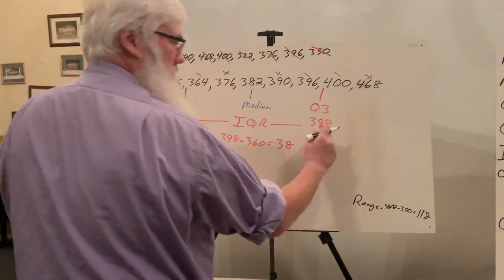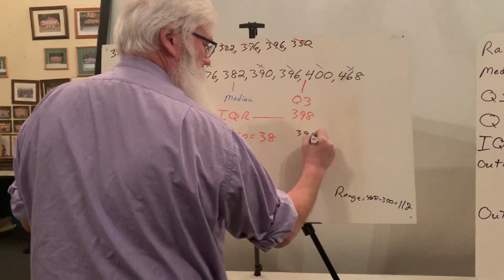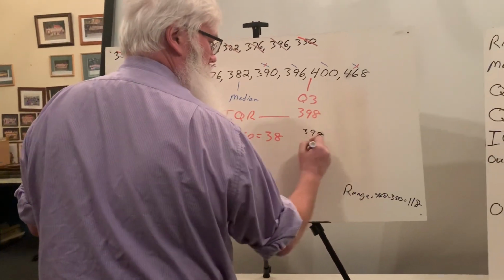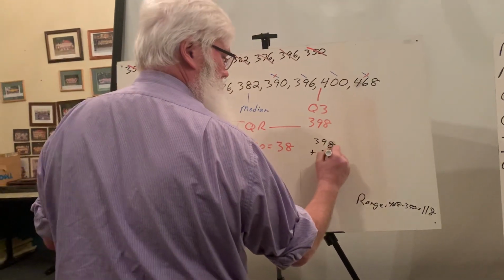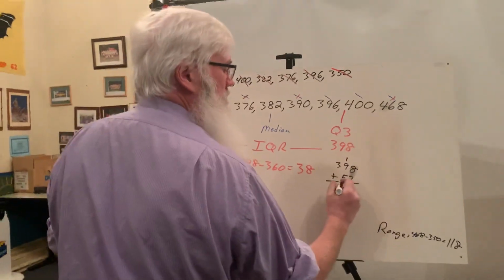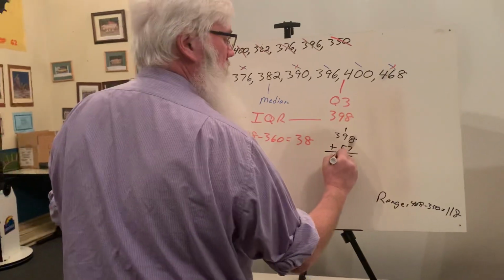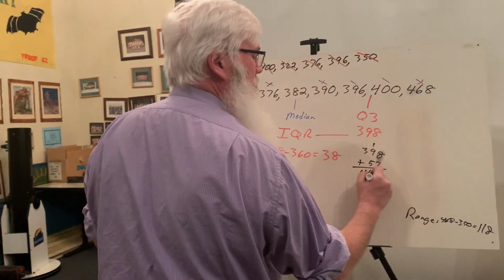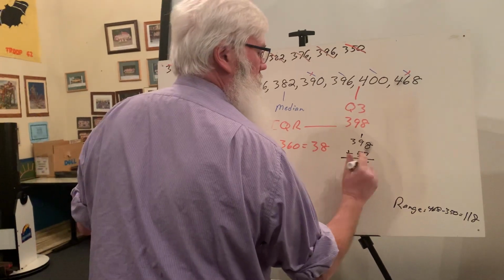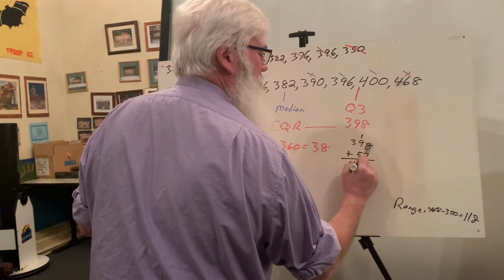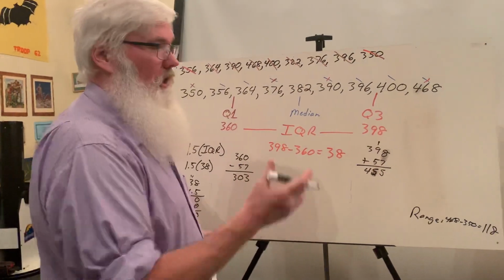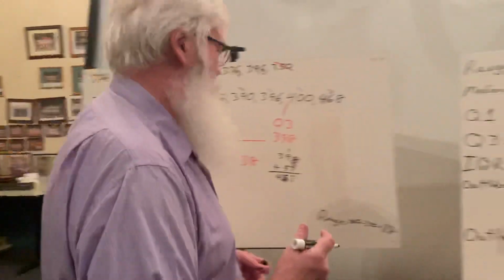Our upper limit, we're going to take the 398, and we're going to add to that the 57, and we're going to end up with 455. Everybody makes mistakes. I make a lot of them, you know that. However, our upper limit is 455.